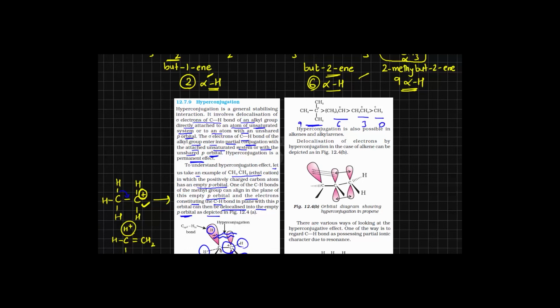Hyperconjugation is also possible in alkenes and alkyl arenes. Delocalization of electrons by hyperconjugation in the case of alkenes can be depicted like this. Now, what they have shown, this is the example of propene. This is carbon-carbon double bond. This is carbon with hydrogen. So, this double bond like this is how they have shown.